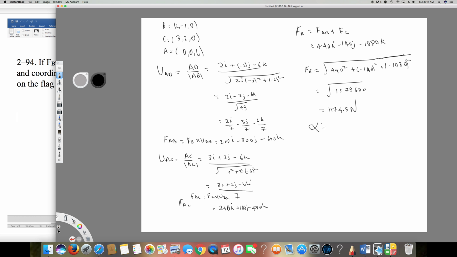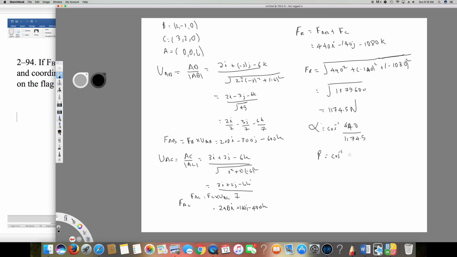Alpha is going to be cos inverse of the resultant I value, 440 divided by 1174.5.